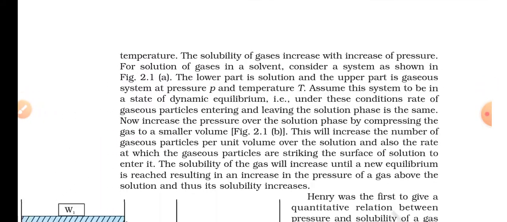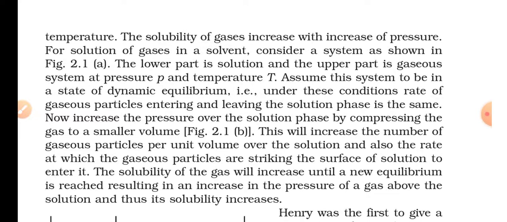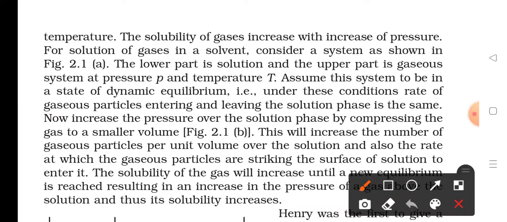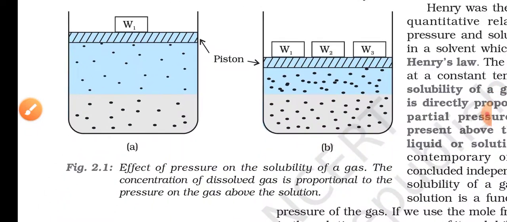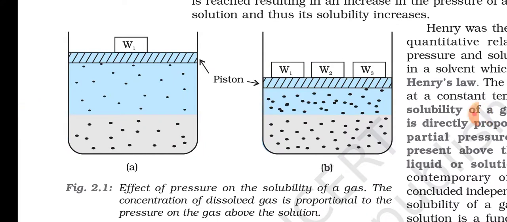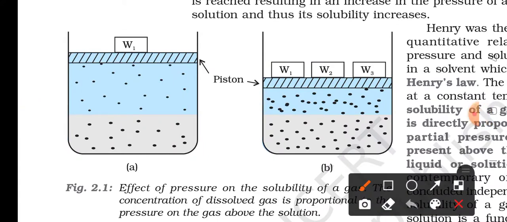Okay, so now we are going to learn that the solubility of gases increases with increase of pressure. Obviously, if we increase the pressure, then the solubility of gas increases. Here is an example we should learn from. See here, there is only one weight, so it has less pressure than here, where there are three weights.